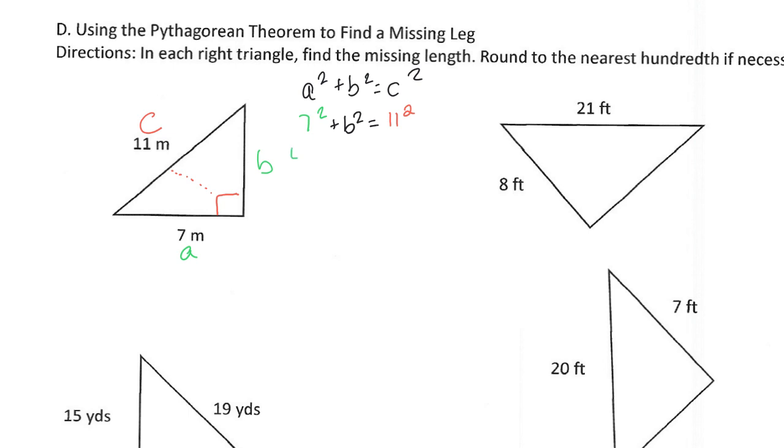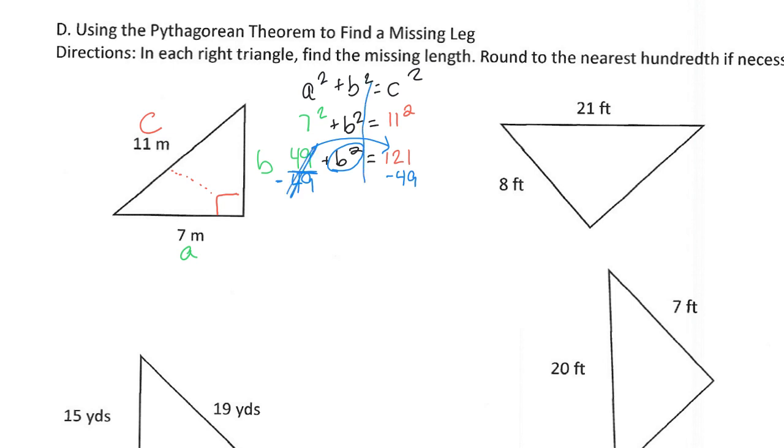So we have 49, which is 7 squared, plus B squared equals 11 squared, which is 121. We need to get this B squared alone. So we need to move this 49 to the other side of the equal sign. And since it's a plus 49, we subtract 49 on both sides. So that way it cancels out.